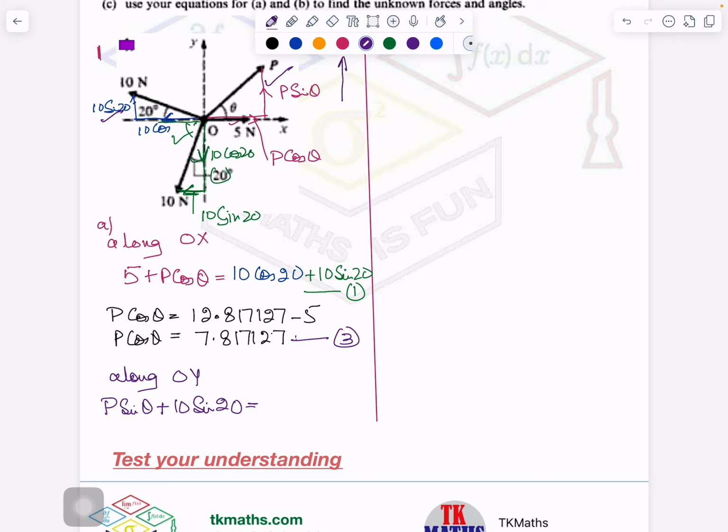Now which one is acting downward? It is this one, 10 cos 20. So I will put it equals to 10 cos 20. So I can take it to the other side. So it will give me P sine theta equals to 10 cos 20 minus 10 sine 20. Now pick up your calculator.